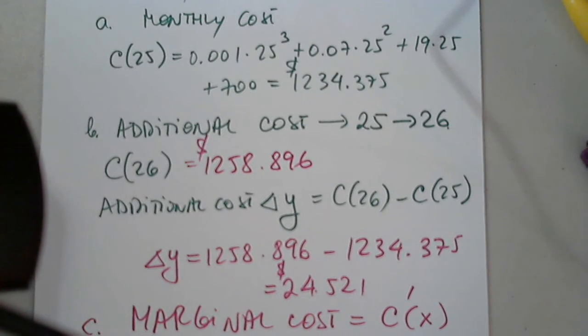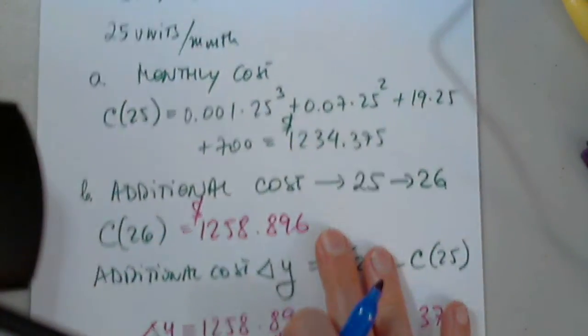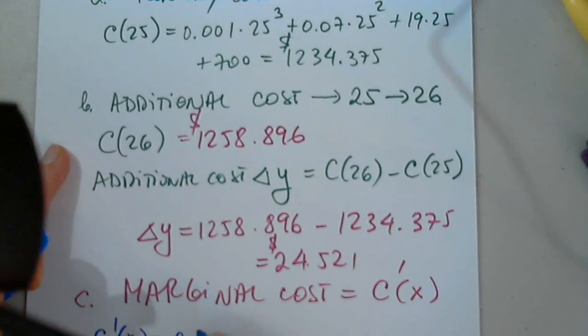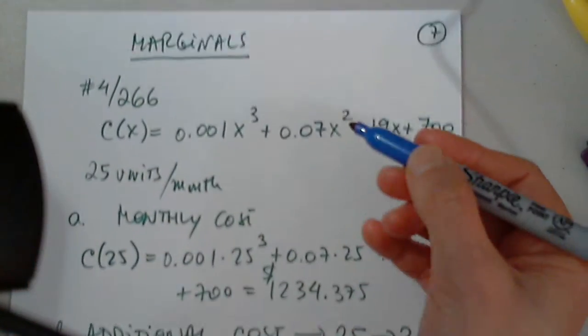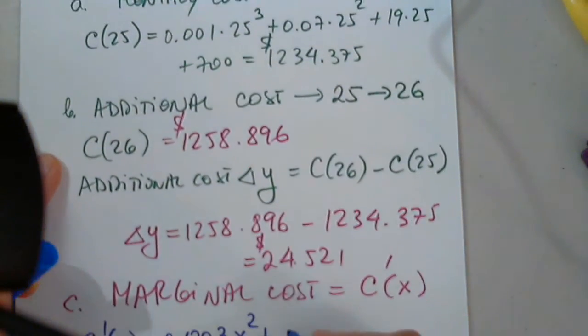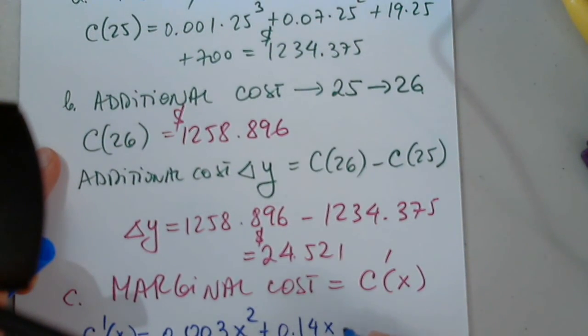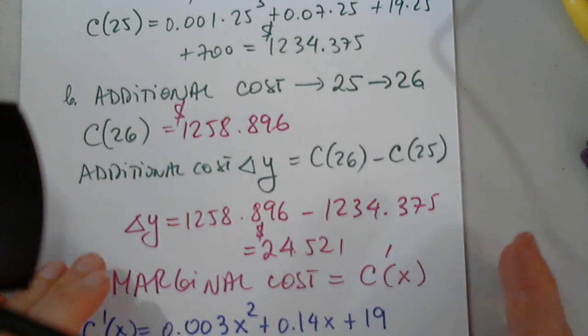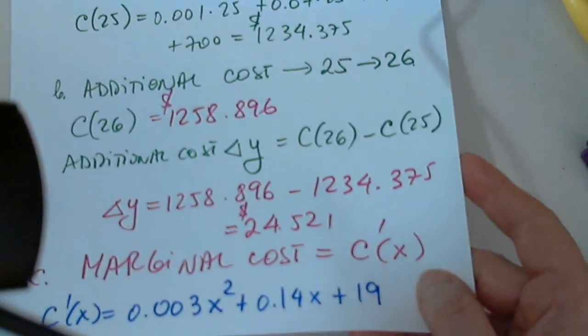Marginal profit will be P prime of X. Marginal revenue will be R prime of X. So let's find C prime of X first. I bring 3, subtract 1 from the power: 0.003 x squared plus. I bring 2 and I multiply, 0.14x and plus 19. So this is C prime.